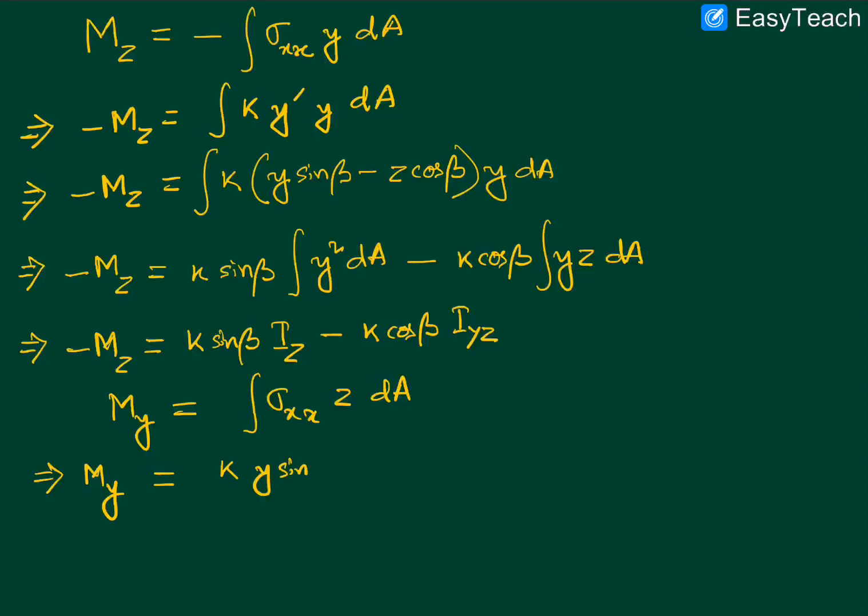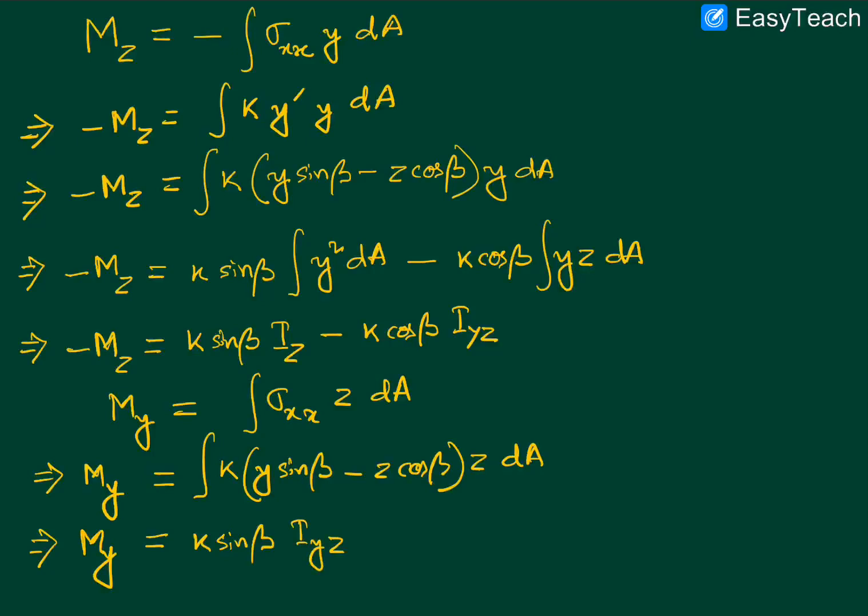I'll directly write k times y sine beta minus z cos beta, times z dA, from which we have My is equal to k sine beta Iyz minus k cos beta Iy.